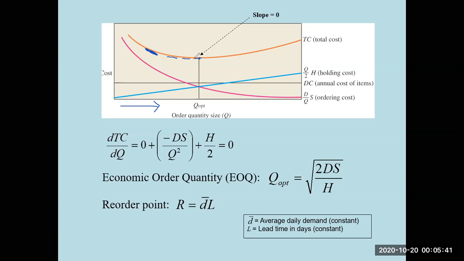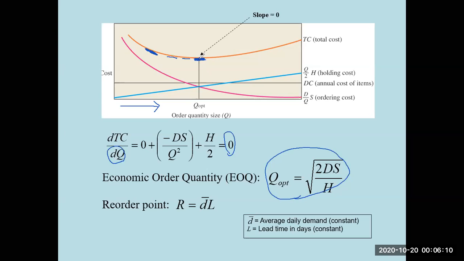But at this point, the lowest total cost point, the slope is 0. So using the derivative with respect to Q, set equal to 0 because the slope is 0, we can get this order size, order quantity.